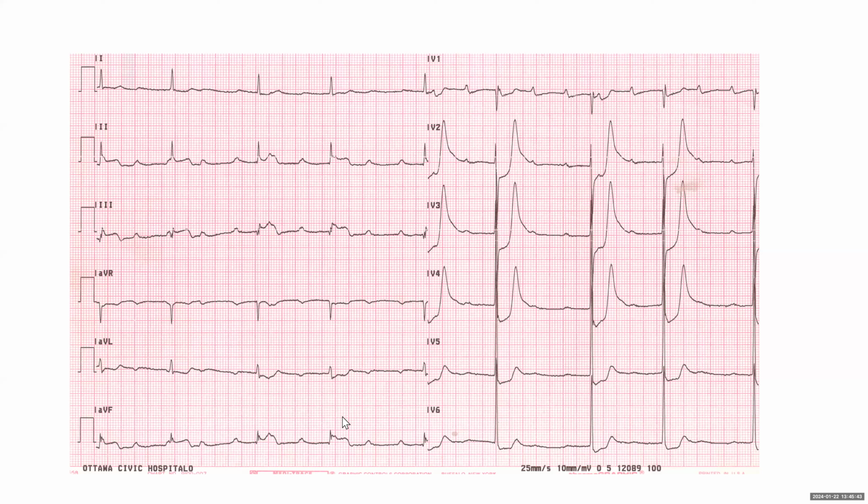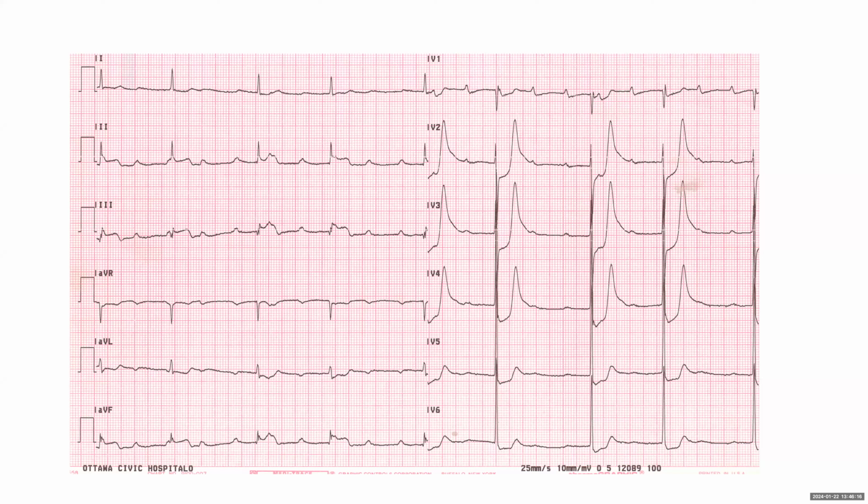Because we don't have a rhythm strip, maybe that's why it was a bit confusing to some. But it's not 2 to 1. There are way more P's than QRSs. 1, 2, 3, 4, we could have only P's. And then the PR is not fixed. So that's why it's a complete heart block.